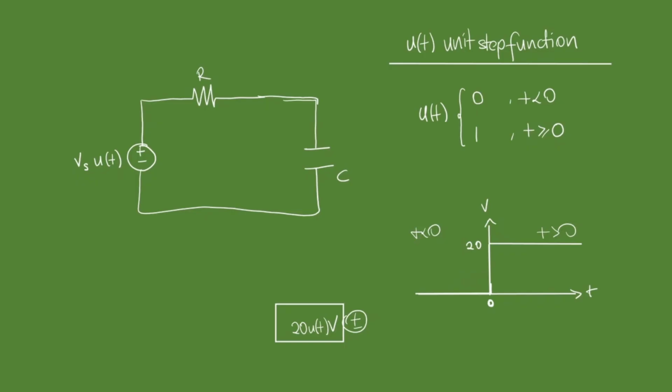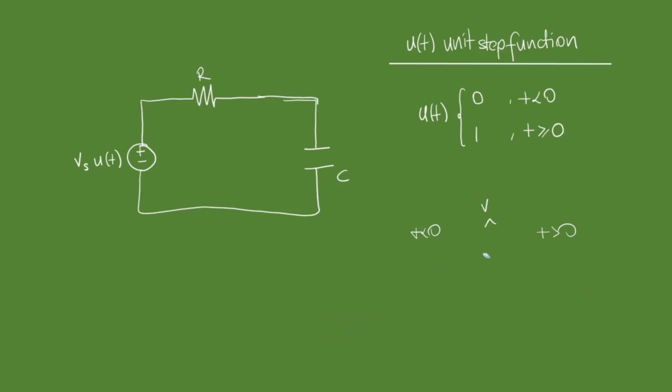I hope that was clear. So that's what happens when we're dealing with the unit step function. That's why we bring it in, usually, so we don't have to keep using and reusing switches.